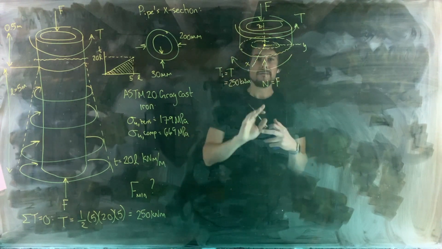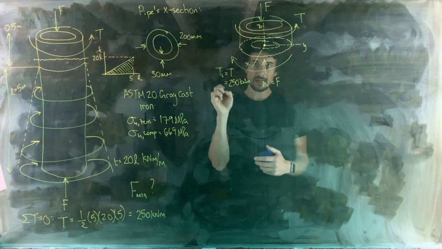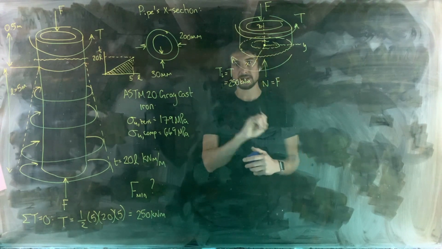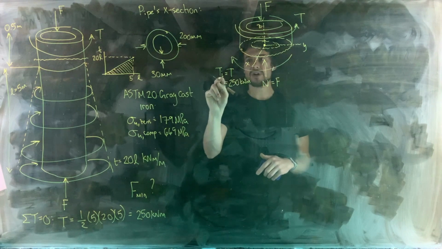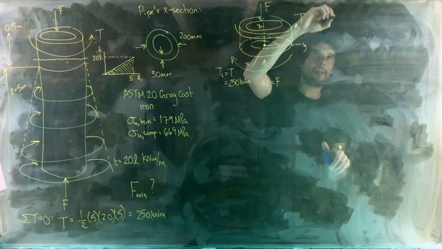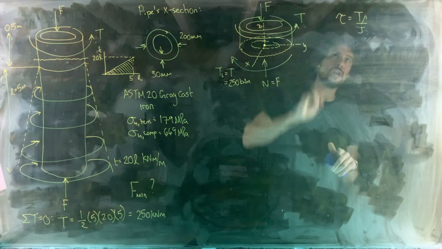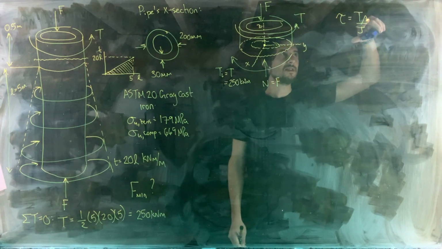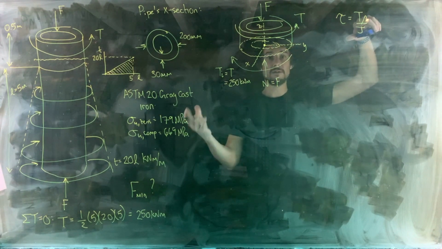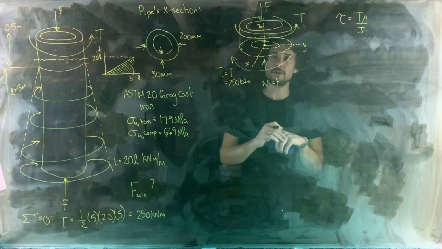Okay, for our point of interest, I want to choose the point that is under the greatest amount of shear stress. Shear stress from an internal torque, we know that it's given by the equation tau equals T rho over J. So the shear stress increases with variable rho, which is the distance that the point of interest is away from the center of rotation, or the axis that the torque's acting about.